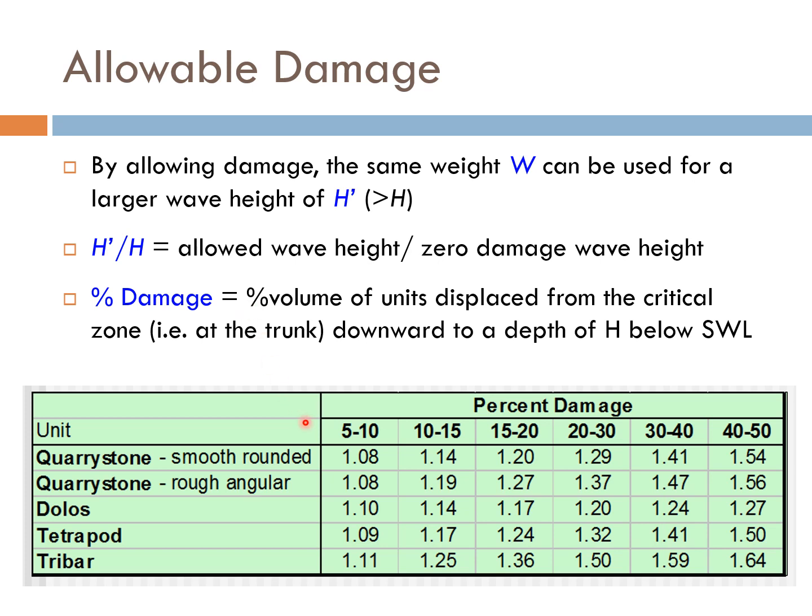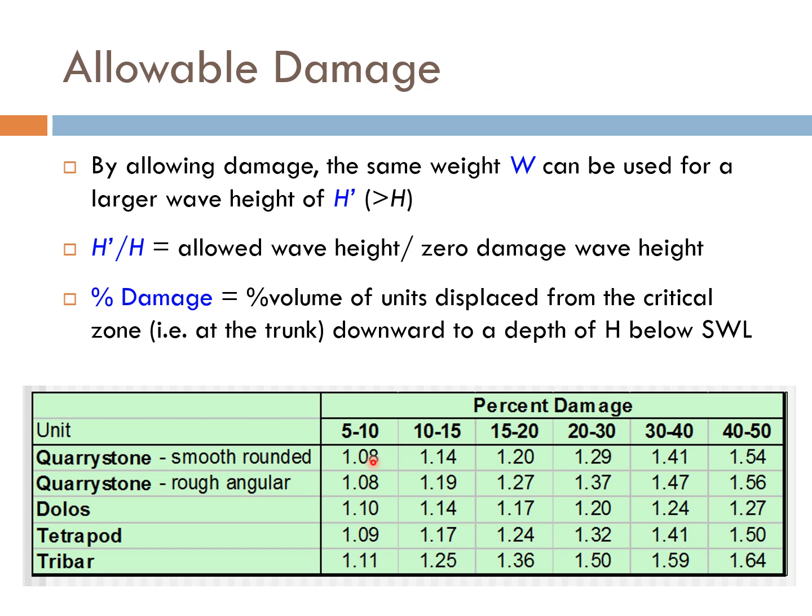For example, if we allow 5 to 10% of the armor units to be displaced by a depth of H below the still water level, then we can use the same W for an allowed wave height which is 8% higher in the case of a smooth rounded quarry stone.